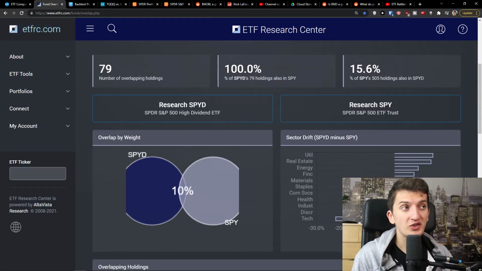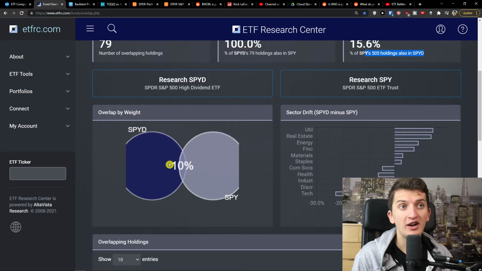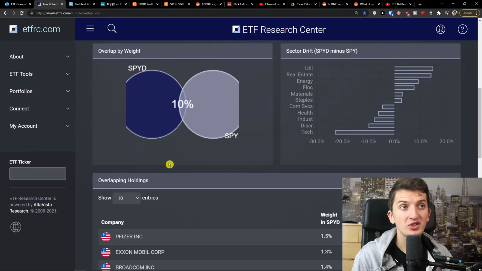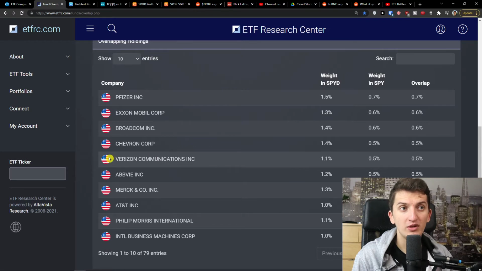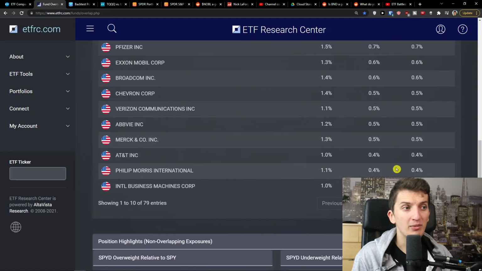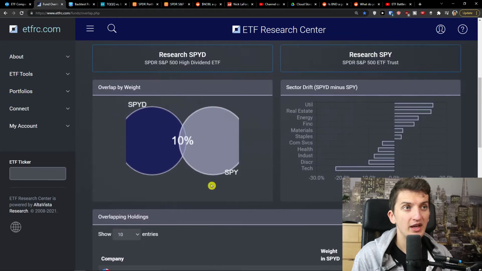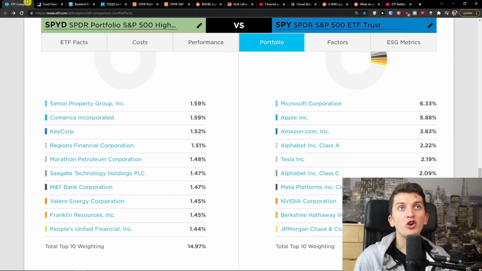Only 15% of the 505 holdings are also in SPYD. And when we compare SPYD with SPY, they are overlapping by weight only 10%. They overlap in Pfizer, ExxonMobil, Broadcom, Verizon Communications, AT&T, but the overlap is really low. So that's only 10%, not much.